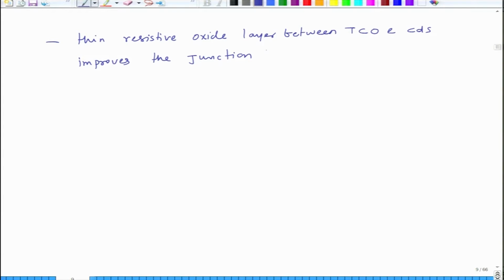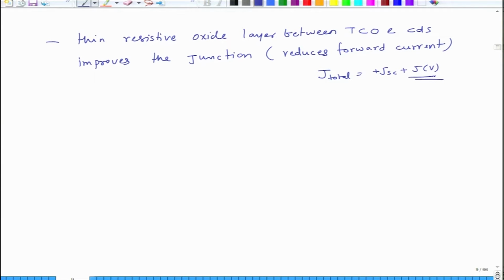Basically, it reduces the forward current, okay, because you know your J total is minus JSC or JSC plus JV.